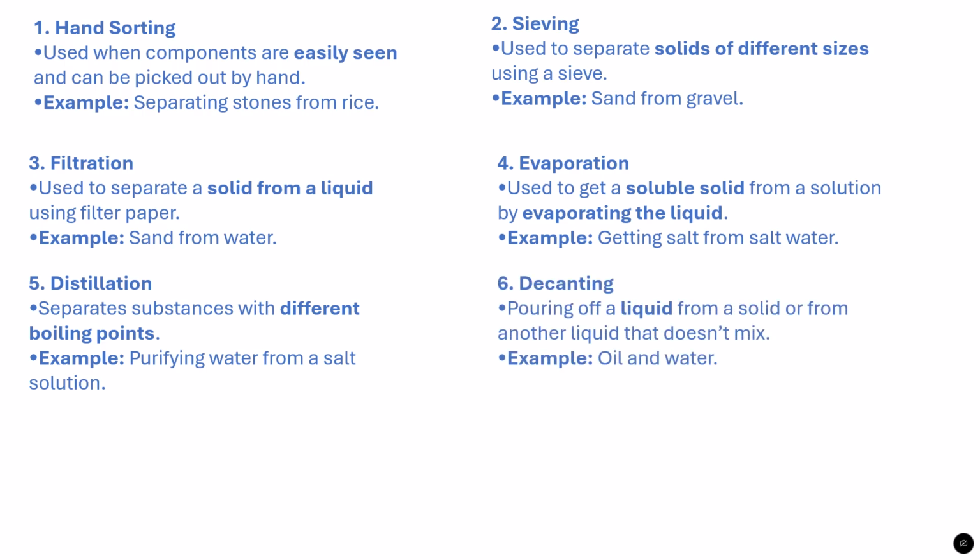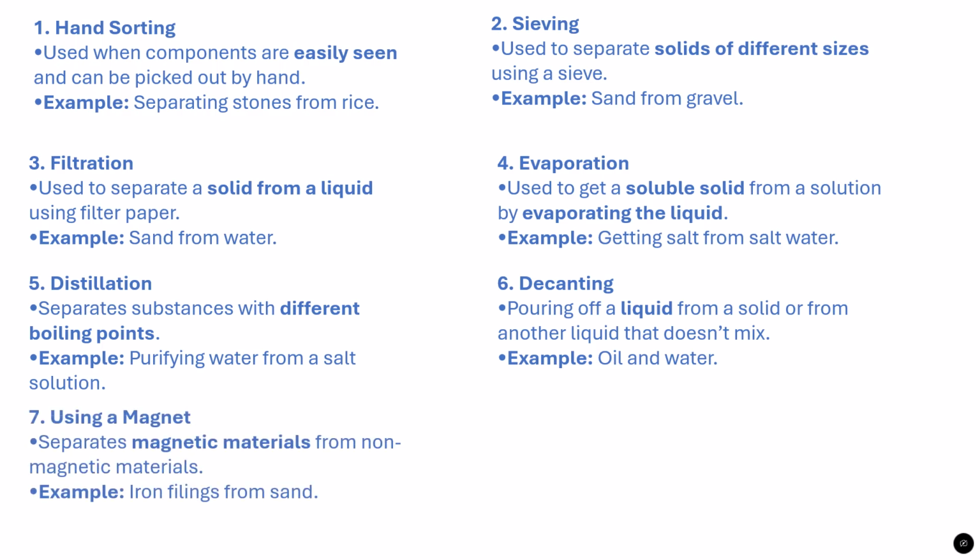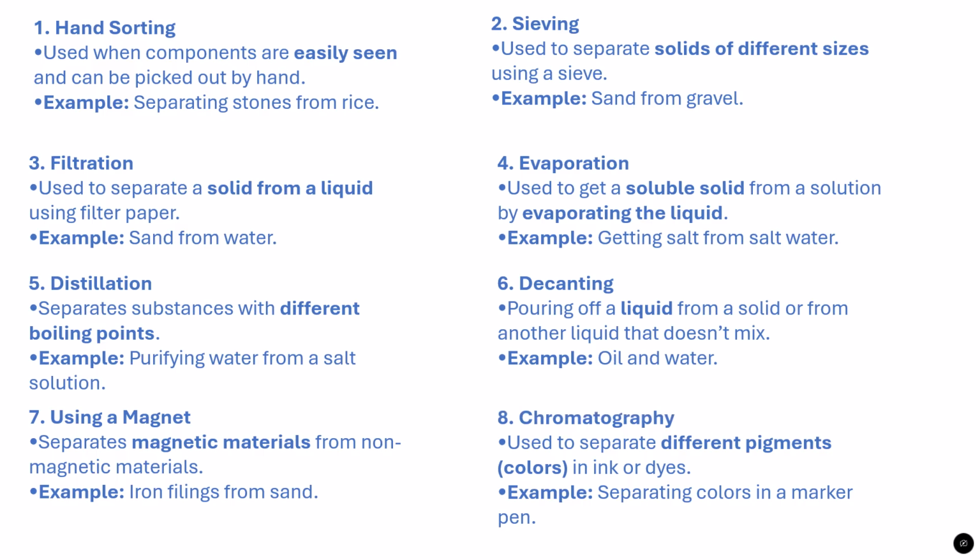You're pouring off liquid from a solid or from one liquid that does not mix, for example, oil and water. Then we use magnets to separate magnetic materials from non-magnetic materials, for example, iron filings from sand. And lastly, chromatography, which is used to separate different pigments, for example, ink or dyes.